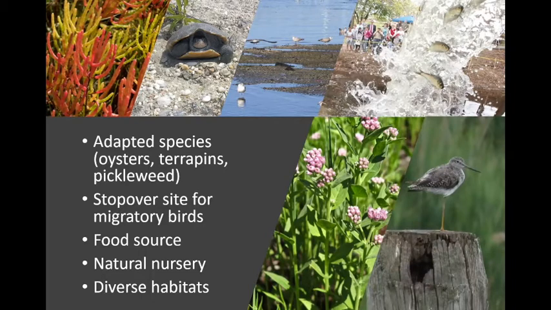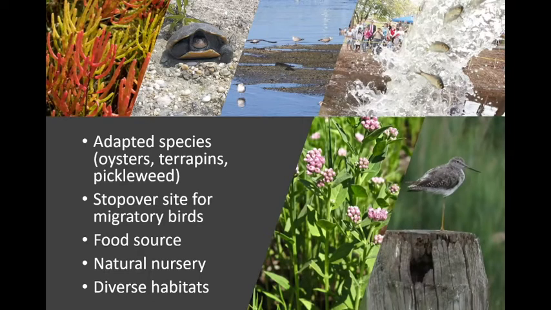So oysters, for example, will open up when the high tide is in and it's saltier, and then they'll close up when it's low tide and the salinity is lower. So terrapins, like the one pictured there, are among the only turtles that we have here in the Sound that actually thrive in brackish water. They have glands around their eyes to help remove that excess salt from their system.